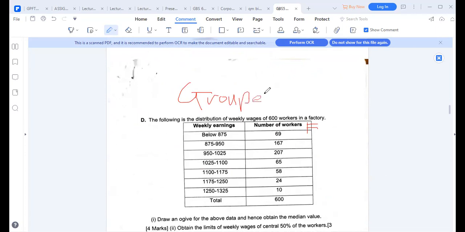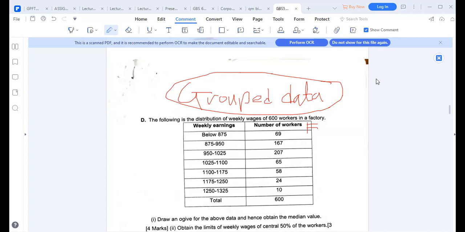So we have the weekly earnings and number of workers. Below 875 is 69, then 875 to 950.